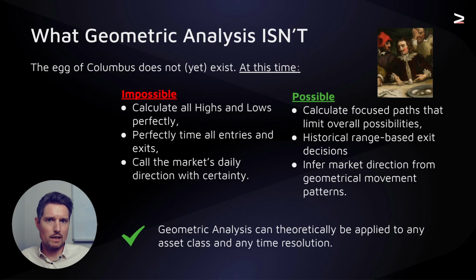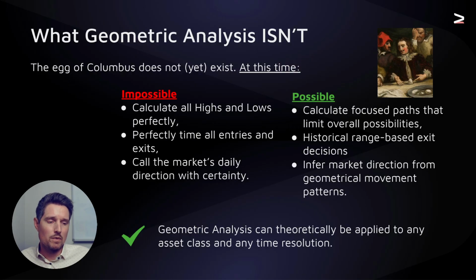We can actually make exit decisions based on ranges that come into existence. Once you start the geometric analysis for the day, all of a sudden you see these daily ranges. Sometimes it's half a range, sometimes it's a full range, and sometimes it's 1.5 times or 2 times the range. But at least you have these range markers for you to take exit decisions, or halving your position, whatever.